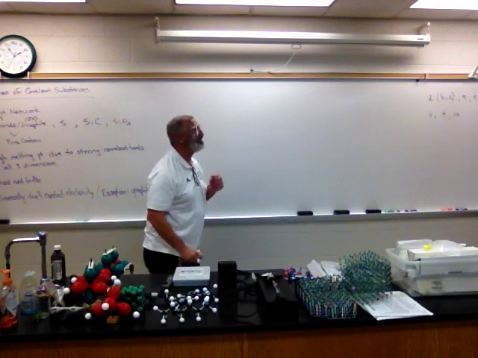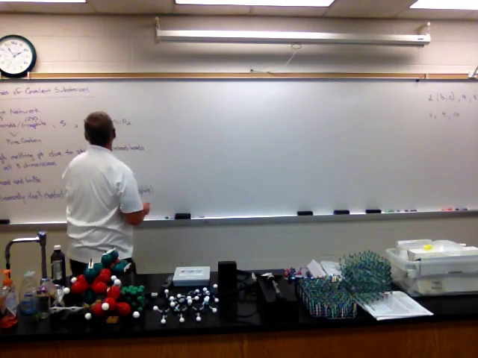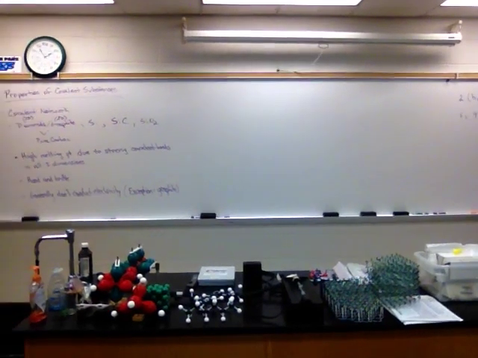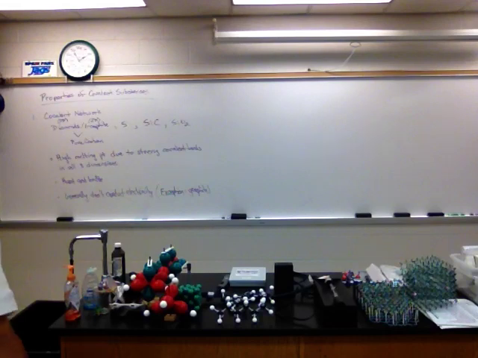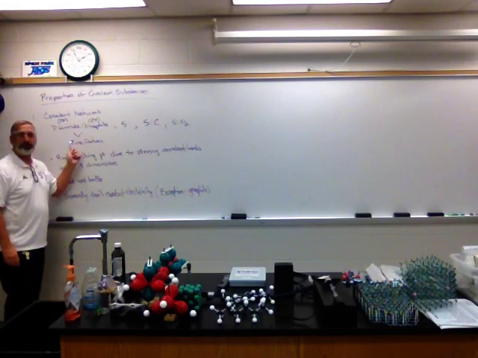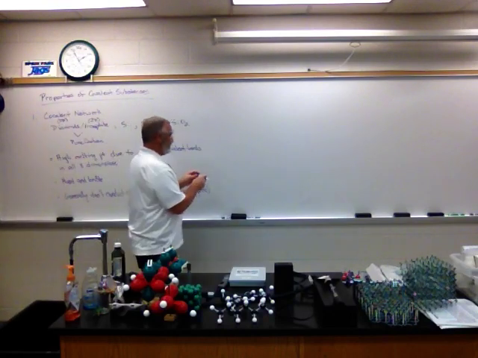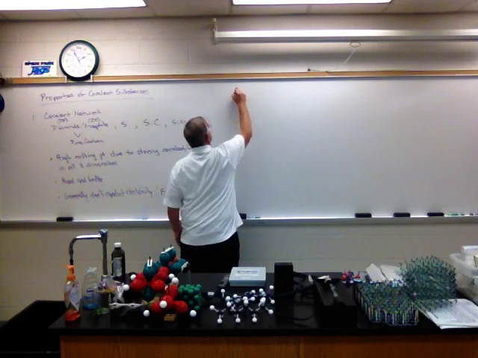Okay. So we began talking, and this is still left here from yesterday. We were talking about the properties of covalent substances. We only got to covalent network. So we need today to talk about covalent molecular.